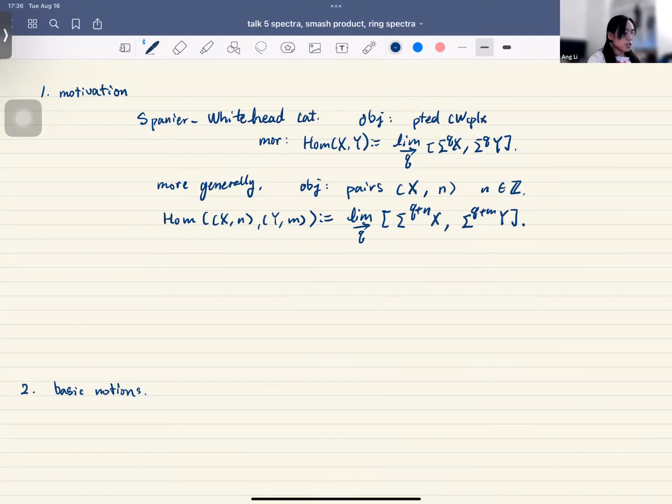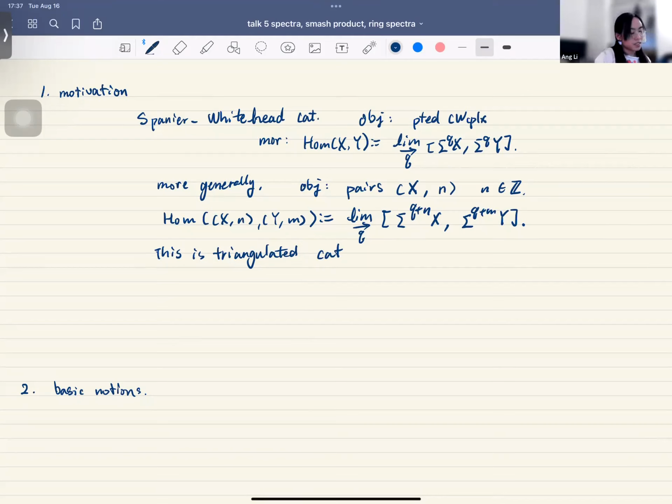All right, so what you get from here is already a triangulated category, and what it means to be triangulated I'm probably going to introduce in a later talk. In a word of introduction, it's very coarse and not precise: you have the suspension as a shift and you have the notion of cofiber sequence.